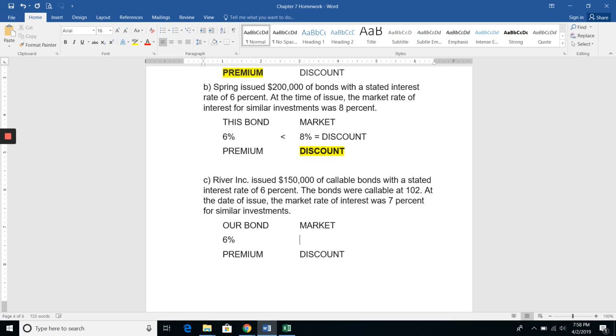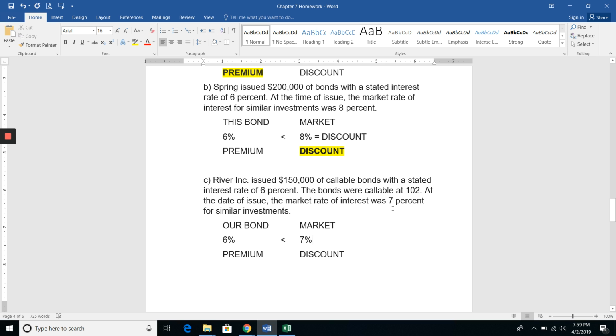Market for a similar bond is 7%. Okay. We can ignore the fact that this is a callable bond at 102, that there are these other facts and circumstances. All we really care about is that our bond is less than the market.